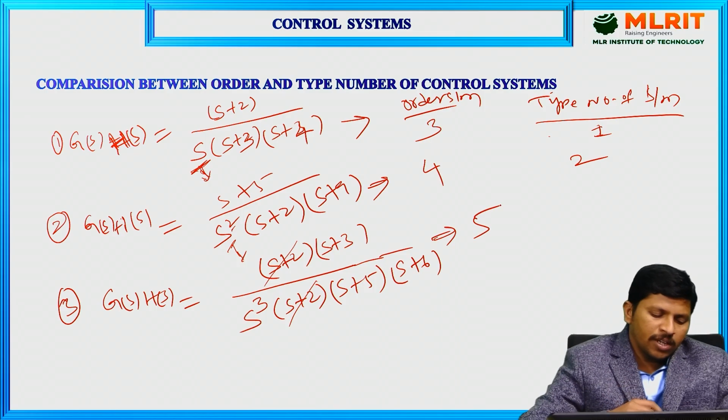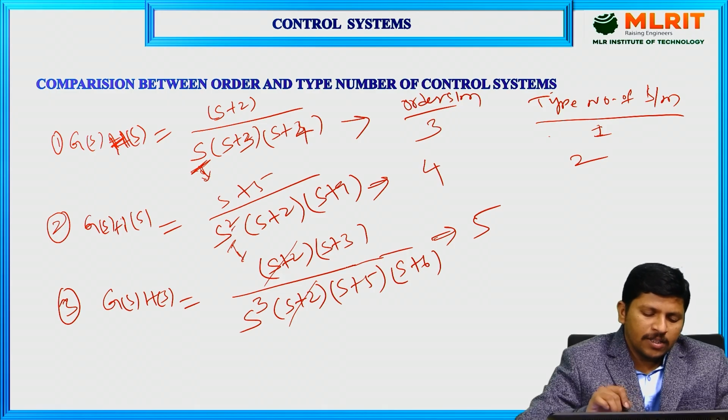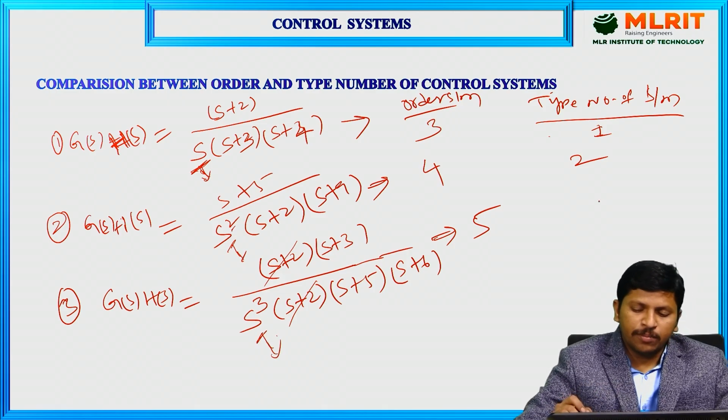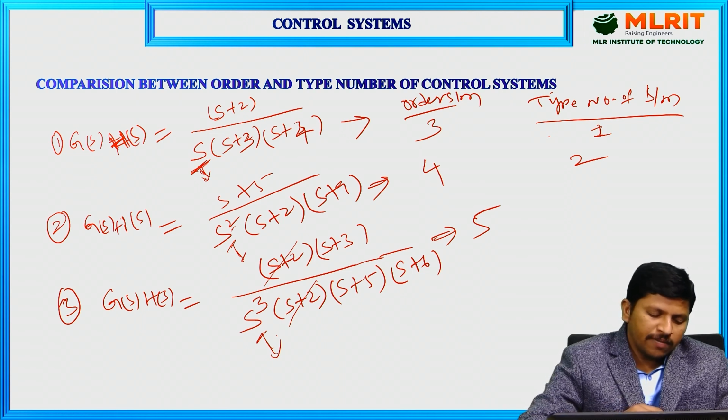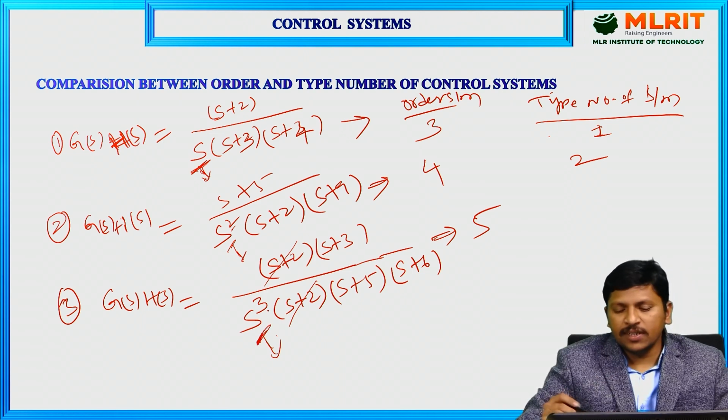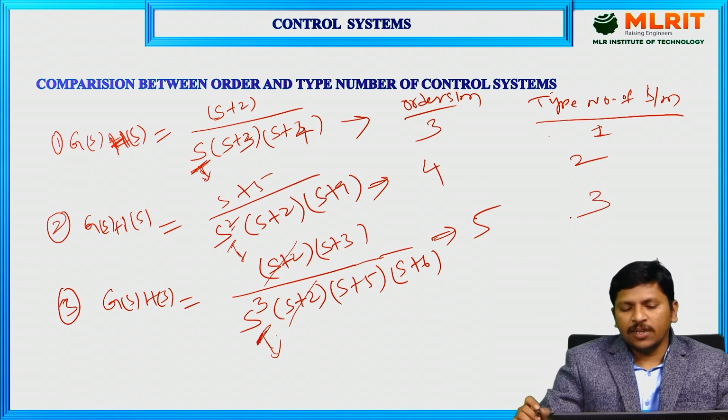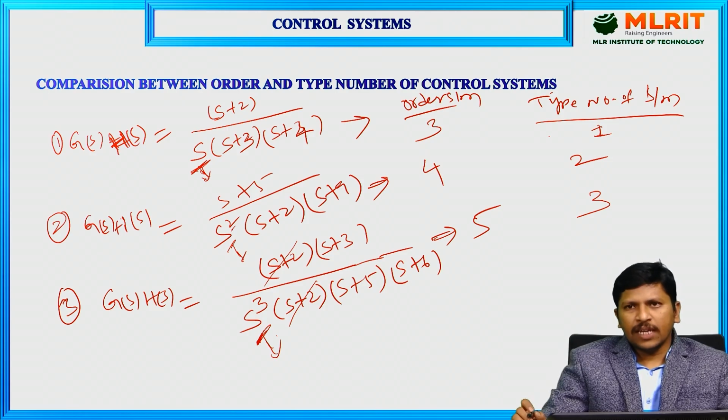Also here, s cube, how many poles are present at the origin for the type number? s power of 3, so 3 poles are present at the origin, so type number is 3. Like that, we are going to calculate the type number and order of the system.